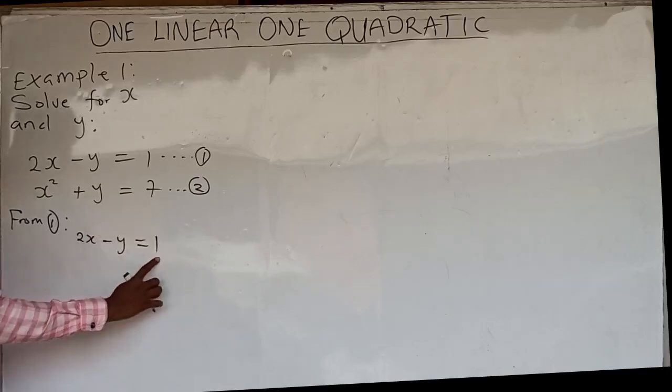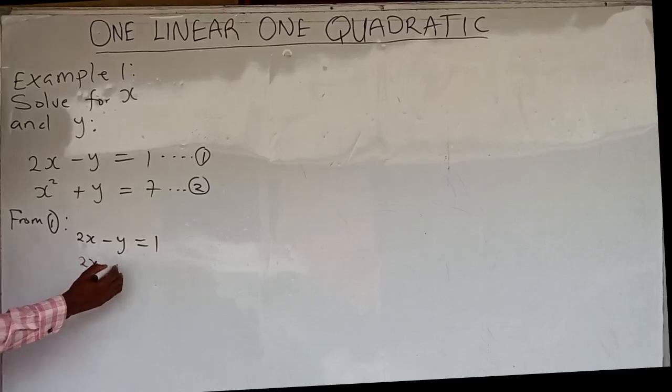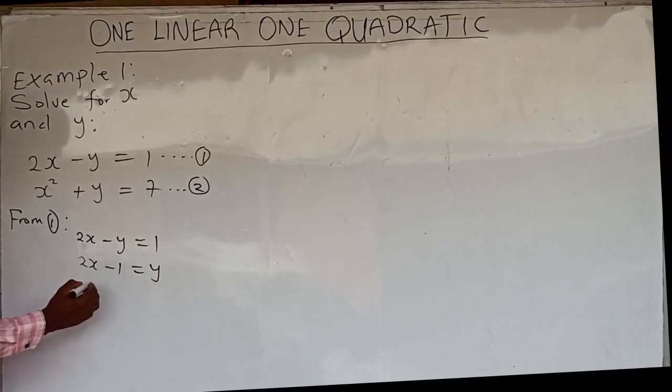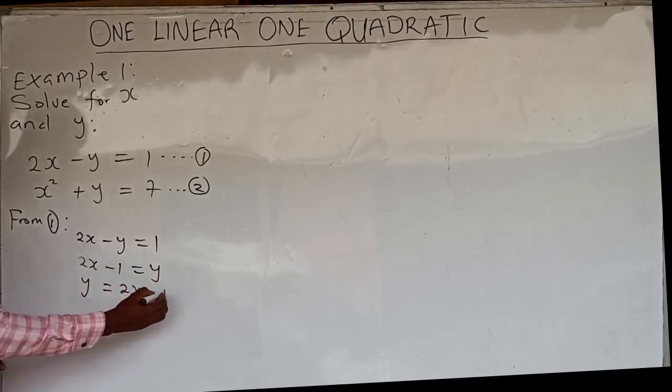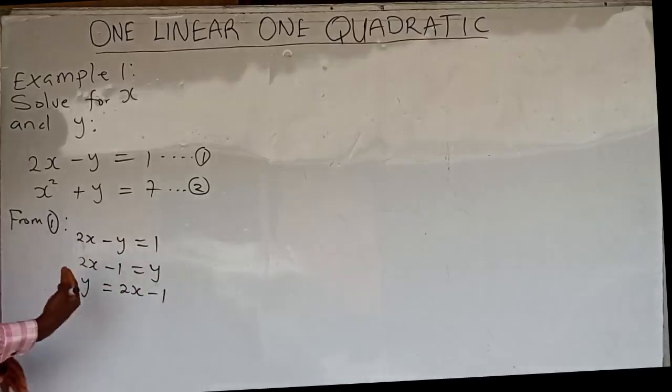It becomes plus y. This is 1. Bring it inside here. It becomes minus 1. So this becomes 2x minus 1 equal to y. So I can rewrite this as y is equal to 2x minus 1. I didn't change anything. I just kind of rotated the equation.